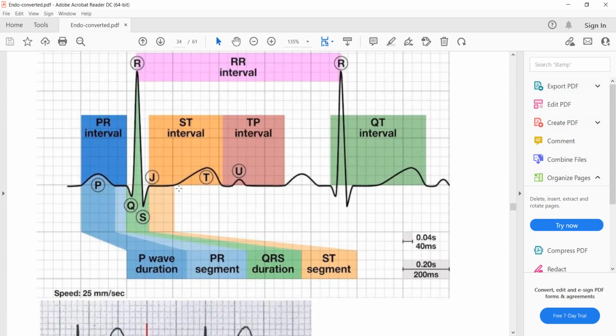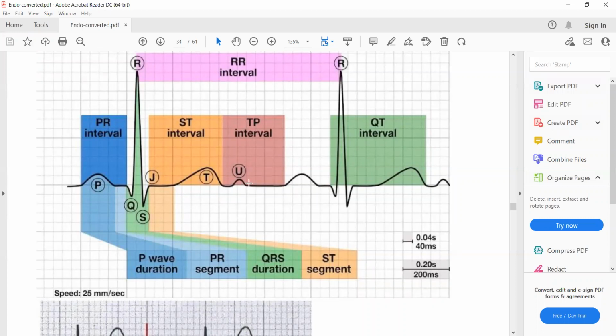Now after QRS complex there is T wave, so PQRST, and the wave that is present after the T wave is U wave. Can you see this small wave that is present between T wave and P wave? This wave is known as U wave.